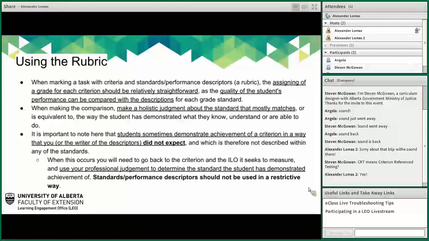As well, it also talks to the quality of the student's performance that can be compared with the descriptions. So you've got the grade, and it also connects to the quality. When making the comparison, make a holistic judgment about the standard that mostly matches. So one of the advantages of the rubric is you're not walking into the assessment process alone.